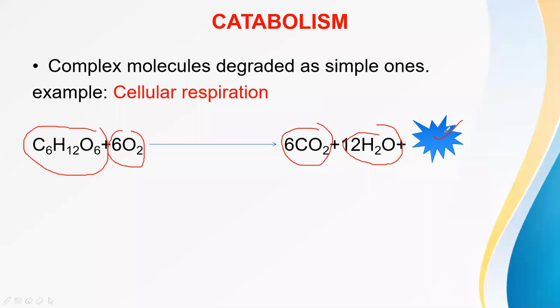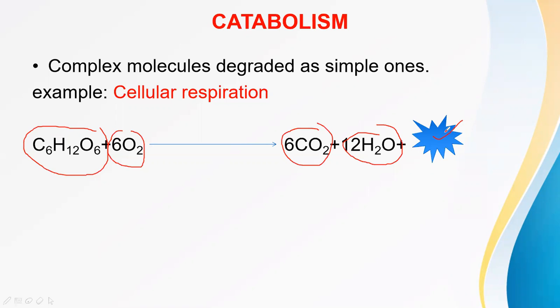This energy is stored in organic molecules until needed to do work in a cell. For example, this energy is stored in the form of ATP. Generally, you know that all living organisms use energy in the form of ATP.